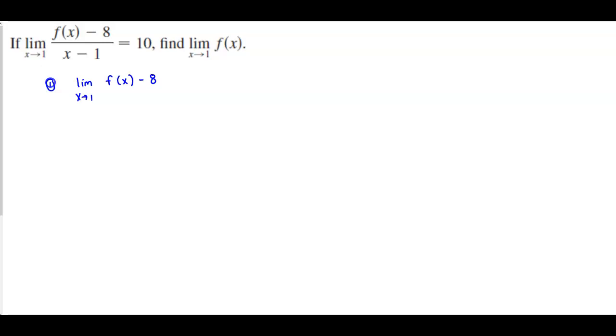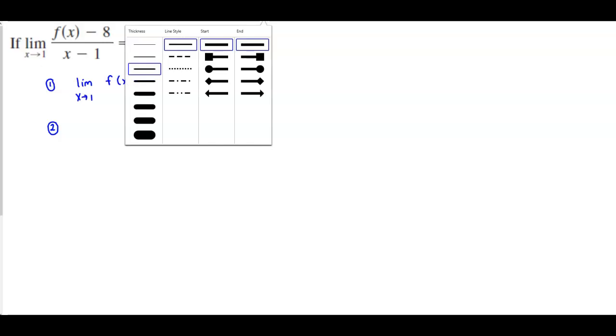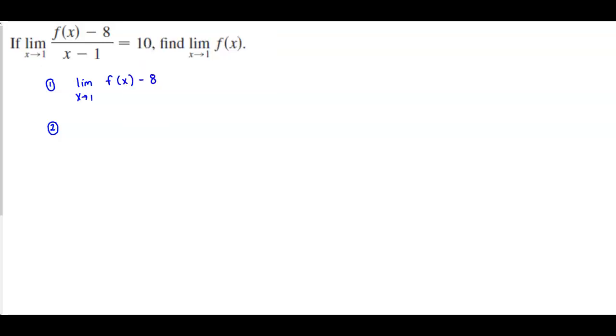Okay, so if we wanted to rewrite this so that we have a denominator of x minus 1, that means we would have to multiply both the numerator by x minus 1 and the denominator by x minus 1.